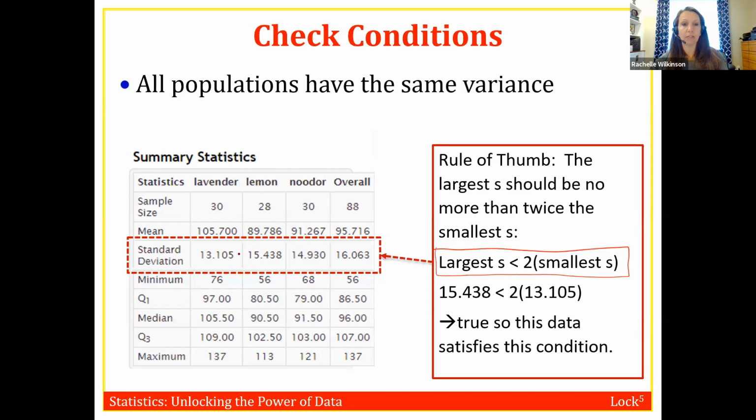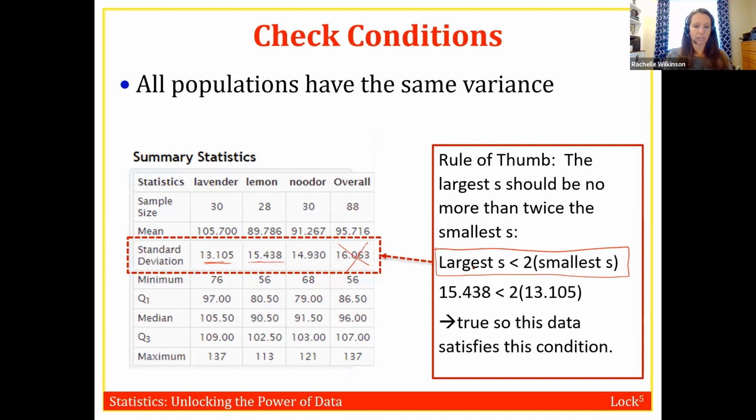So if I look at the standard deviations for all my groups here, the largest one is lemon at 15.438. Note that we're not going to look at the overall, we're only going to look at the 3 individual groups. And then my smallest one was lavender at 13.105.